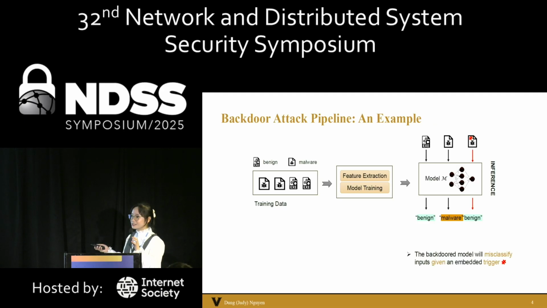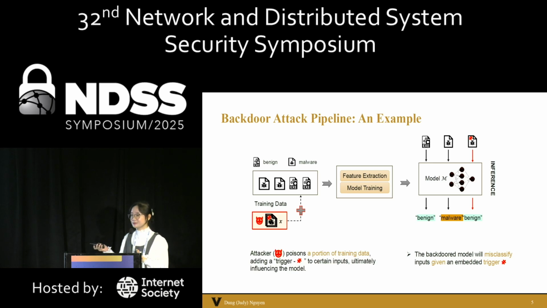And backdoor is a kind of malfunction embedded into that model M. The idea is, now we have a malware sample, but if the adversary adds the trigger that they already inserted into the model, the model M couldn't classify this sample correctly anymore. That's the idea of the backdoor. To do that, the adversary can try to contribute and manipulate a portion of the training data.